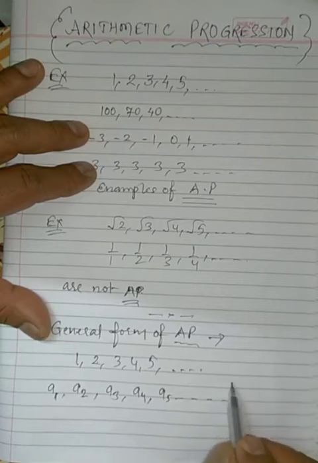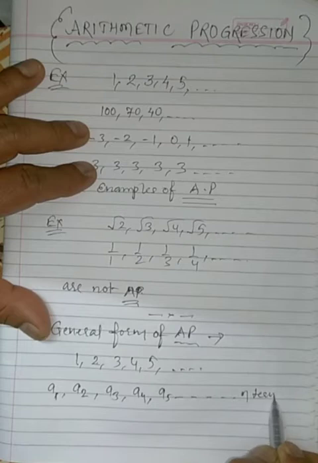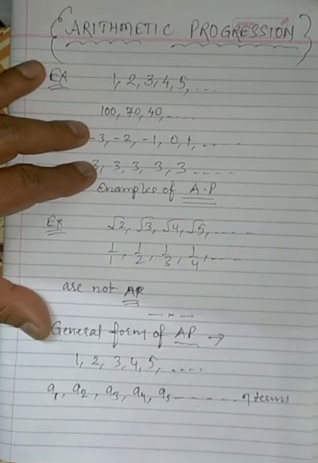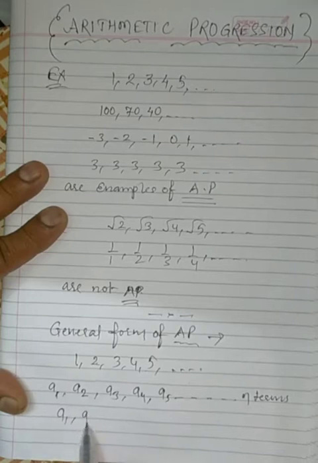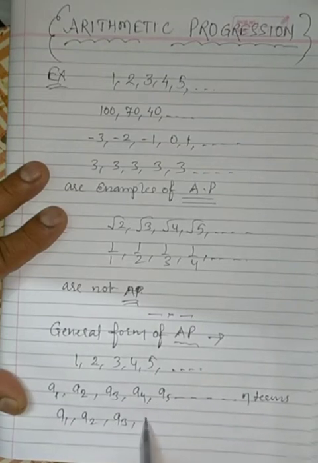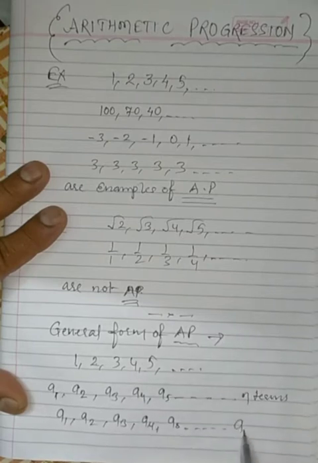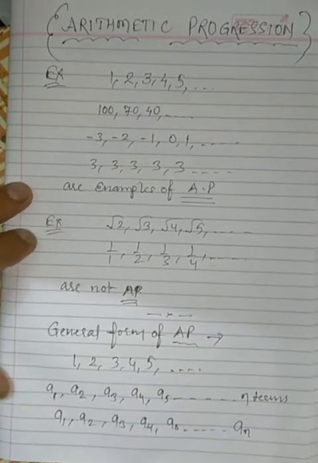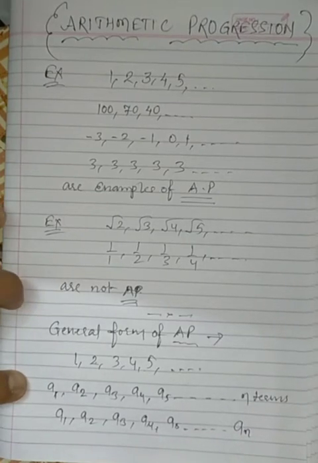You can say till n number of terms. The general form of AP can be given by A1, A2, A3, A4, A5 and so on till the last term An, where n is the number of terms in that AP.